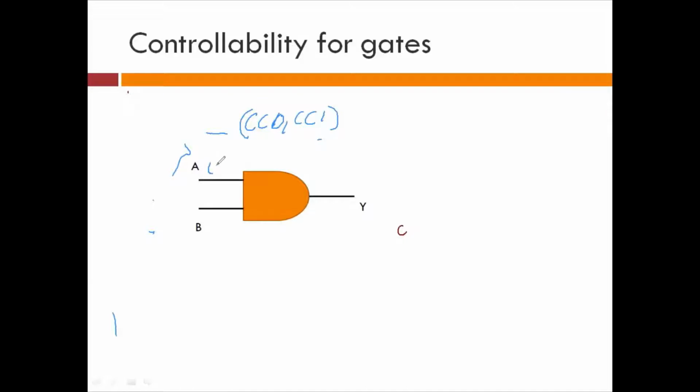So if I write 1, 1 here, this means the first one corresponds to controllability of logic 0 at point A, and the second value is indicating the combinational controllability for logic 1 at this point. Similarly, B के लिए हमारा representation है this. Again, same meaning, and जो हमने compute की थी values, this.